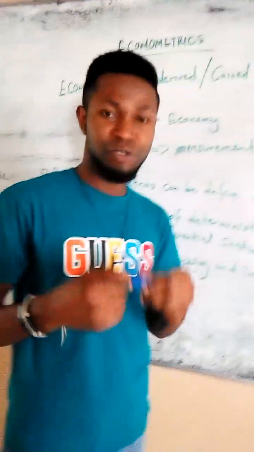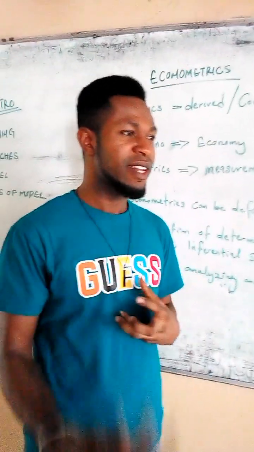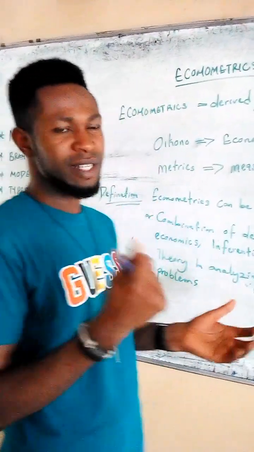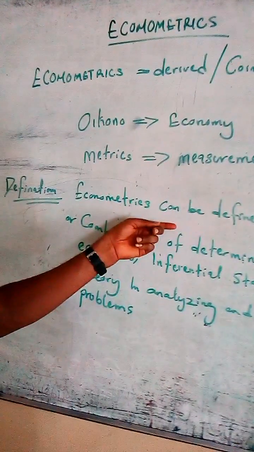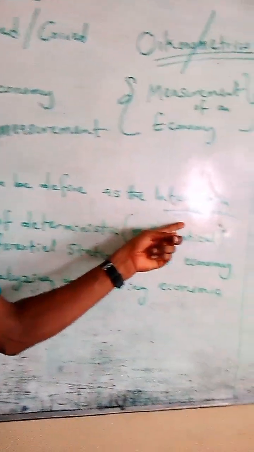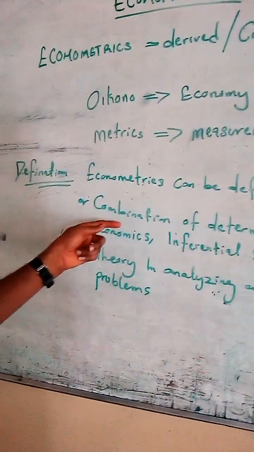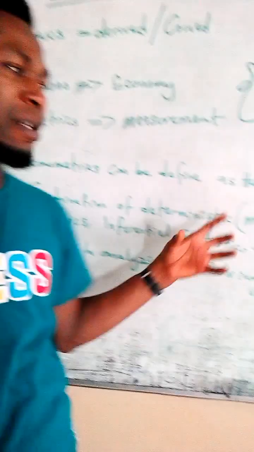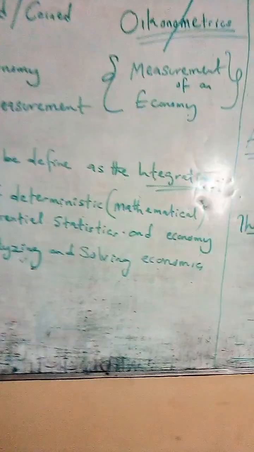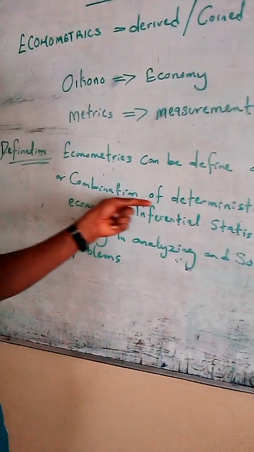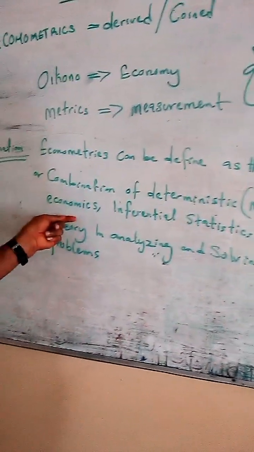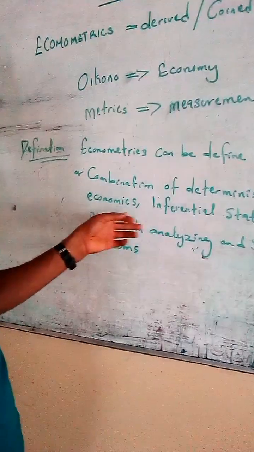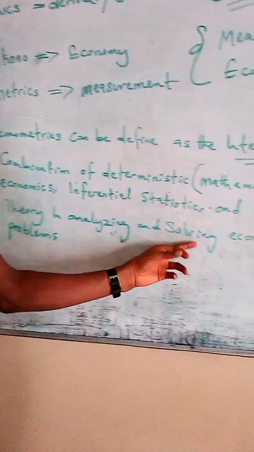But as a student, you need to define it in a way that is more comprehensive. So we can say econometrics can be defined as the integration or the combination of deterministic, that is mathematical, economics, inferential statistics, and economic theory in analyzing and solving economic problems.